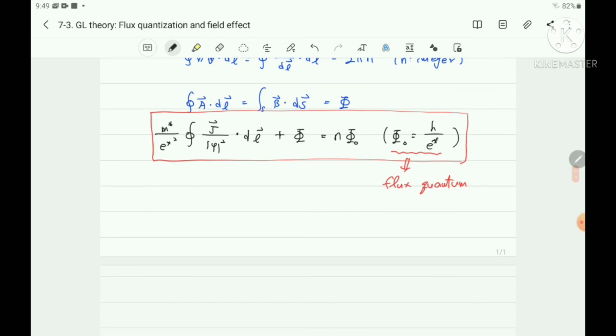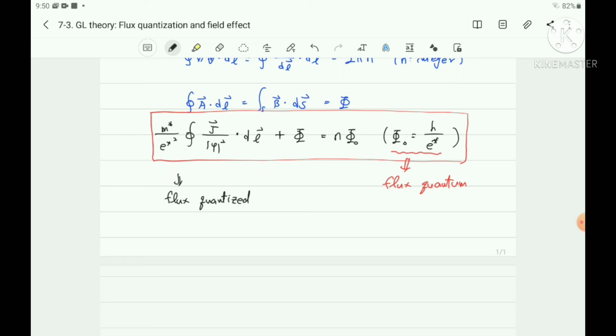From this equation, the sum of the flux and the current density term is quantized. This is flux quantization: magnetic flux is quantized in superconducting materials.